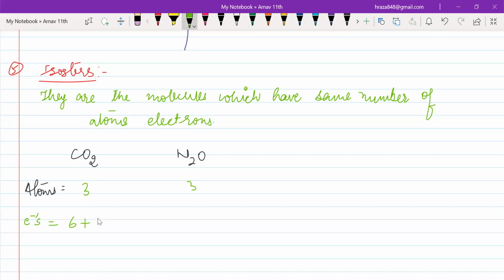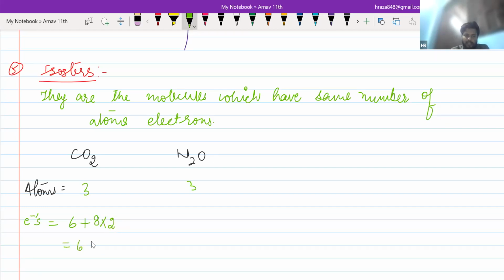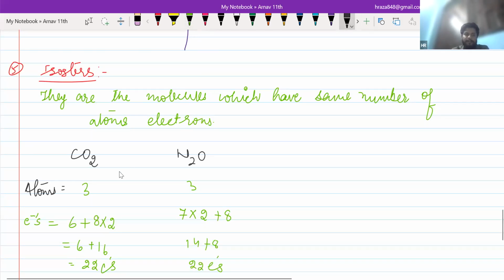And one oxygen has 8 electrons, into 2. That will be equal to 6 plus 16, equal to 22 electrons in this. Now check the other one. One nitrogen has 7 electrons. 7 into 2 plus 8, that is 14 plus 8. That will also be equal to 22 electrons. That means they are isosters with each other.